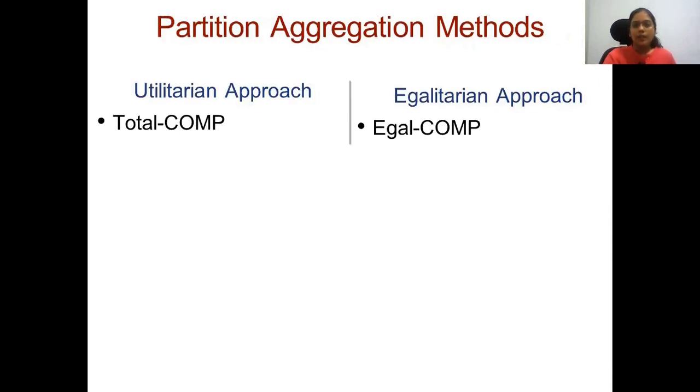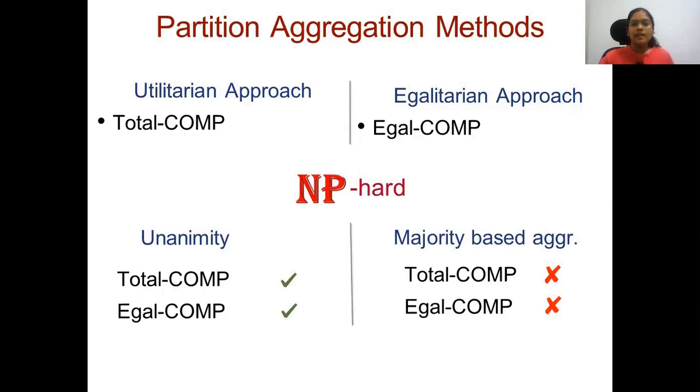Again we use the utilitarian approach and the egalitarian approach, and both these problems are NP-hard. Then we studied the axiomatic properties, unanimity and majority-based aggregation, for the complementarity structure. Total comp and egalitarian comp both satisfy the unanimity property, while they do not satisfy majority-based aggregation.